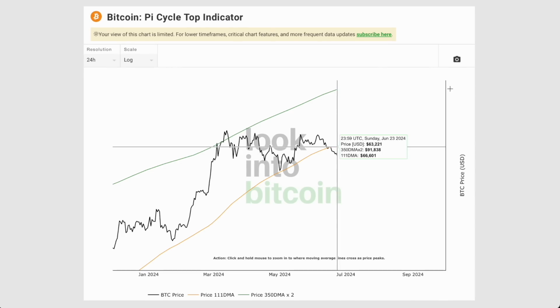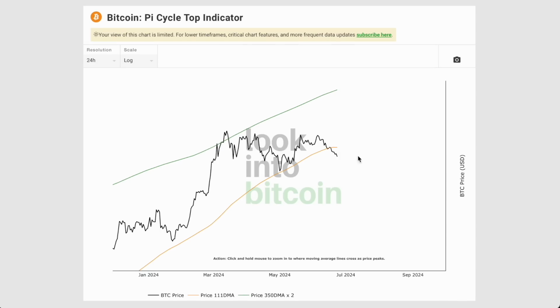And currently, this orange moving average is represented by the price of 66k, and we're currently around 61k. So definitely a deviation is occurring right now, and this is something that in the future is probably going to benefit investors quite nicely.